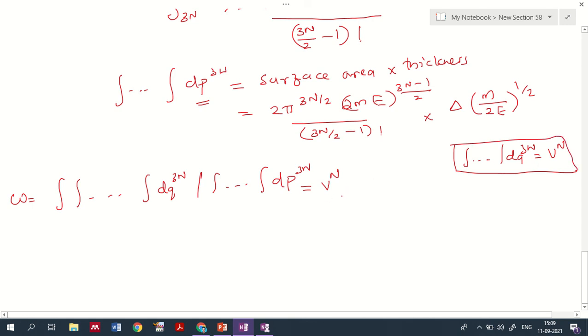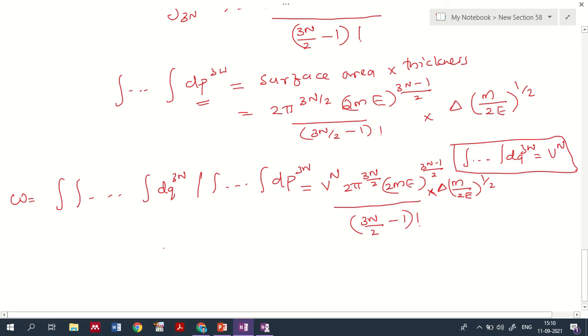So v raised to n, 2 pi 3n by 2, 2me raised to 3n minus 1 by 2, delta m by 2e raised to 1 by 2, divided by 3n by 2 minus 1 factorial. Okay, so this is how the whole representation will look.